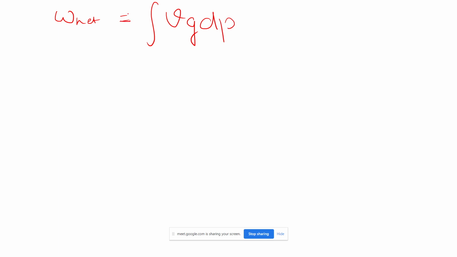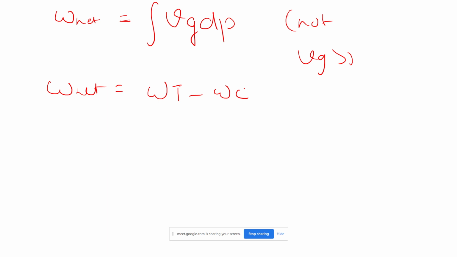This term is not small, because Vg is much greater than in the case of liquids. Therefore, the network output, which is the turbine work minus the compression work, decreases because the compressor work Wc is relatively higher.